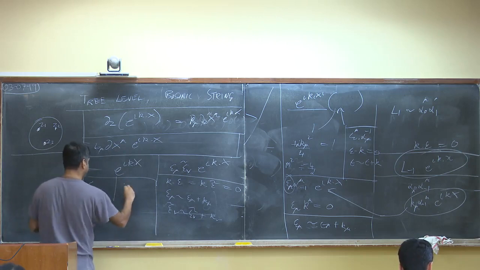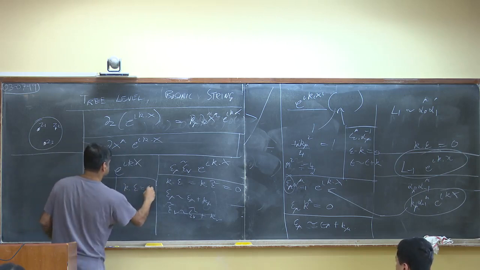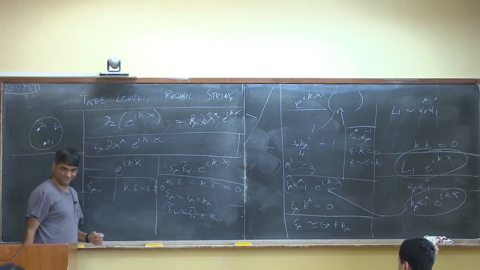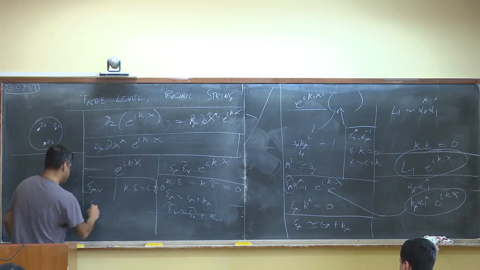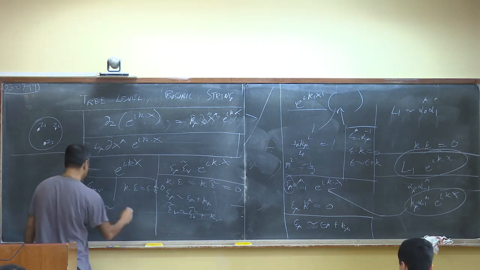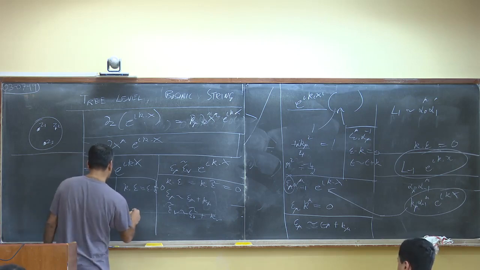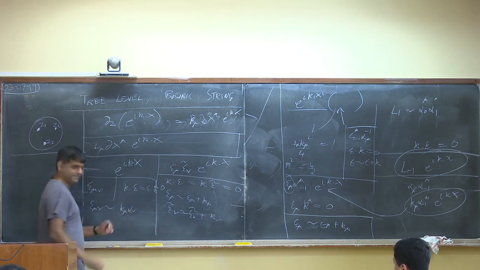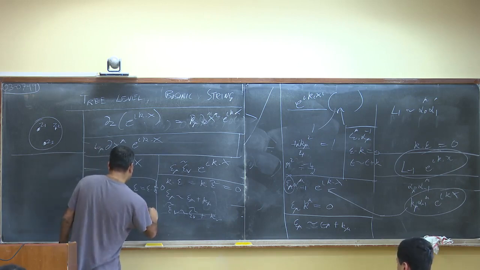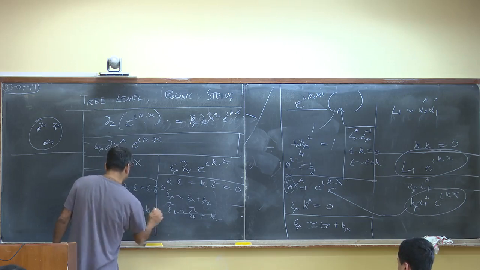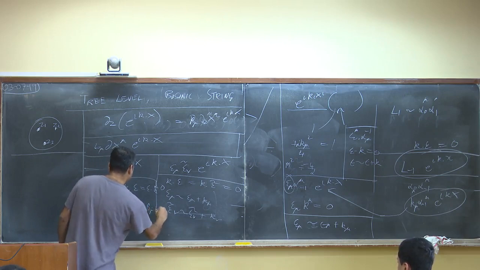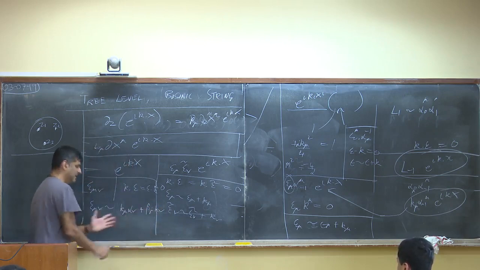Zeta mu nu with the properties that k dotted with this from the left or the right is equal to 0, and zeta mu nu goes to zeta mu nu plus k mu alpha nu, any alpha, plus beta mu k nu, any beta, is a symmetry.